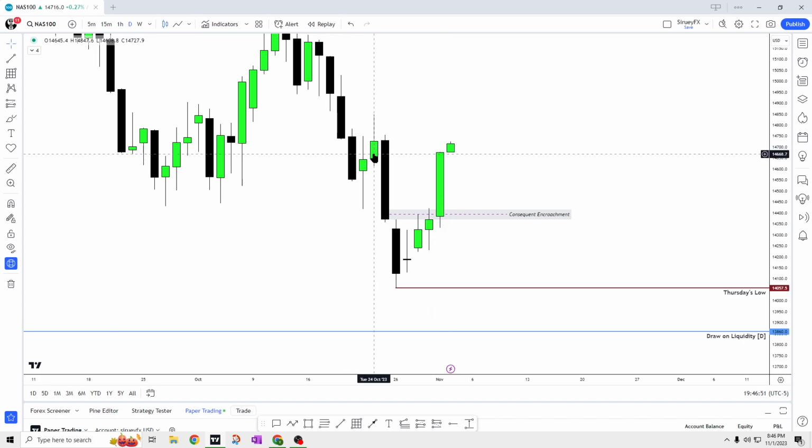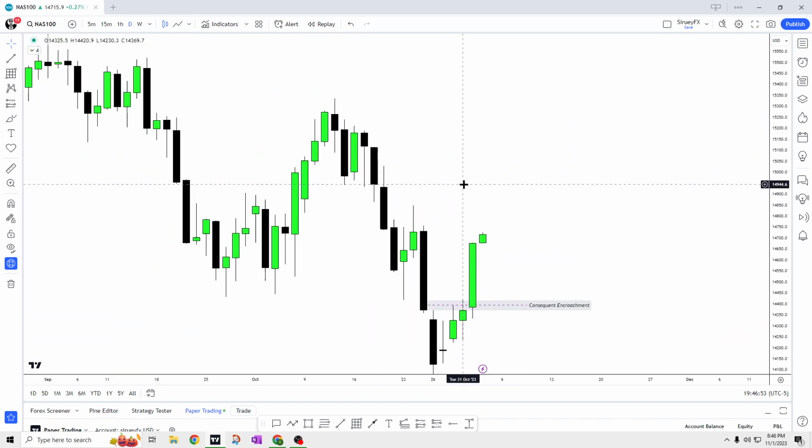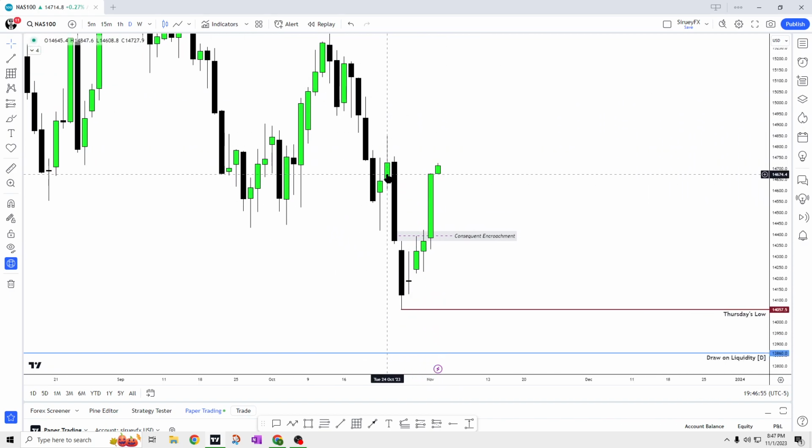So this already invalidated my order block as an invalidation point. If I'm using the mean threshold of this order block, I want to see them close below that or stay below that. But of course, it looks like this is an invalidation point there.